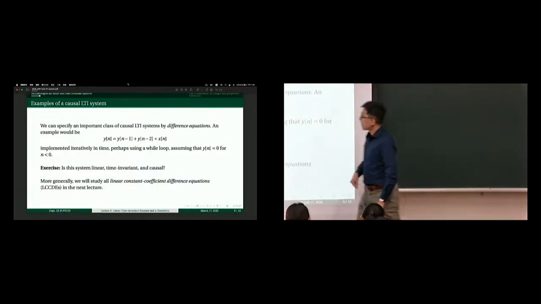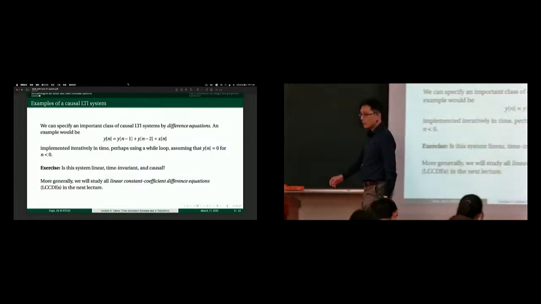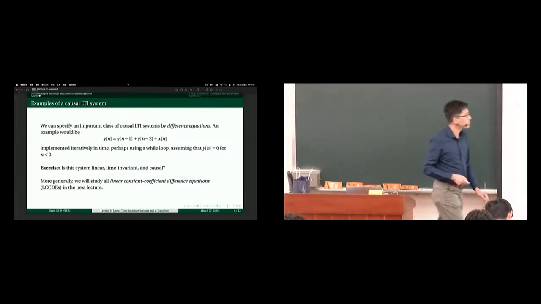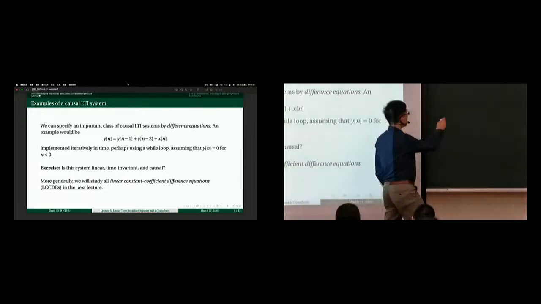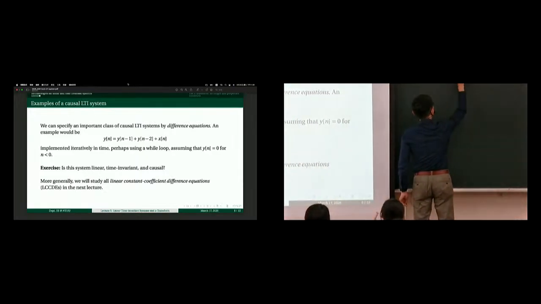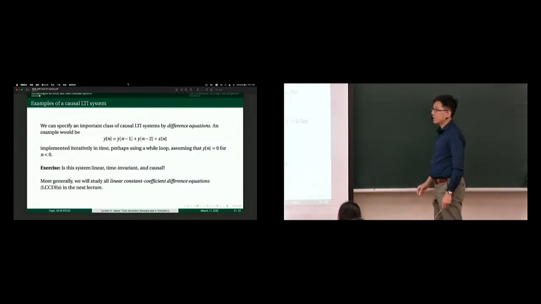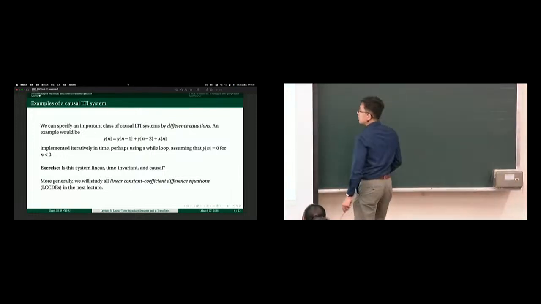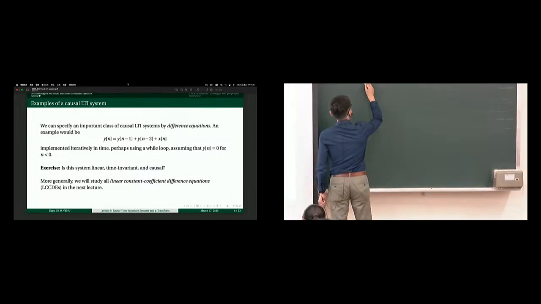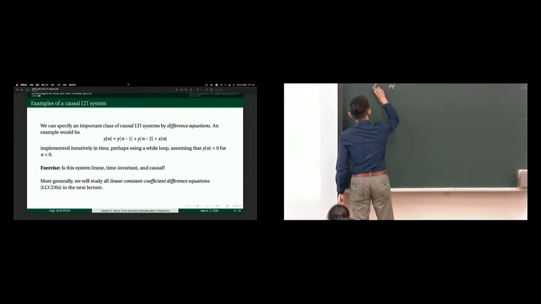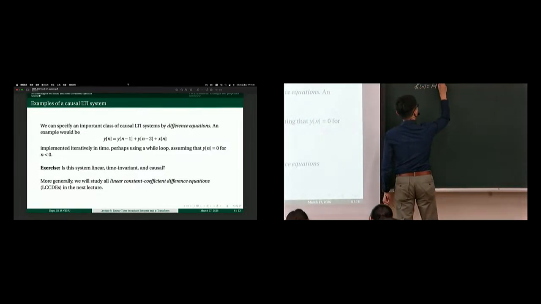This sequence, or should I say the impulse response? If we consider the impulse response, this is a system y equals this, which is linear, causal and time invariant. The impulse response is defined as what will happen when the system receives the delta function as its input.